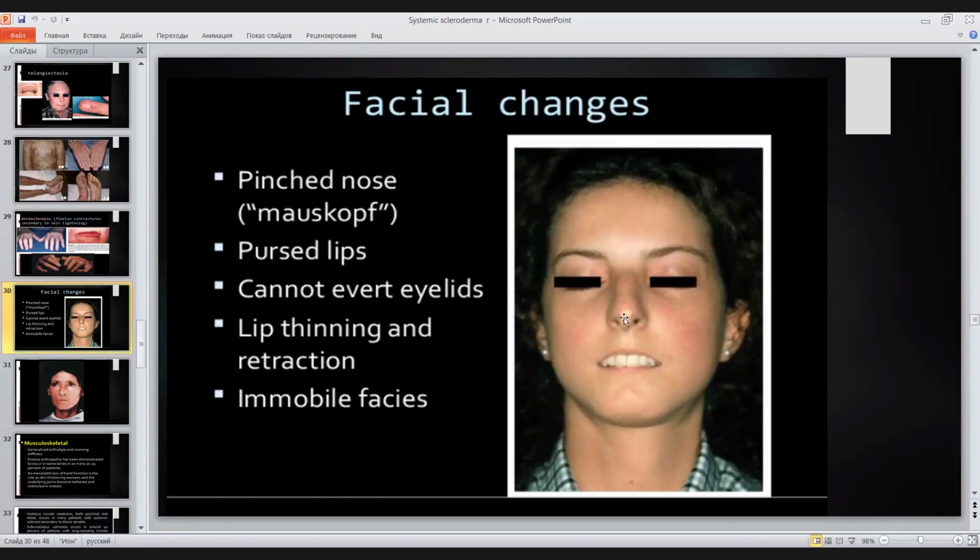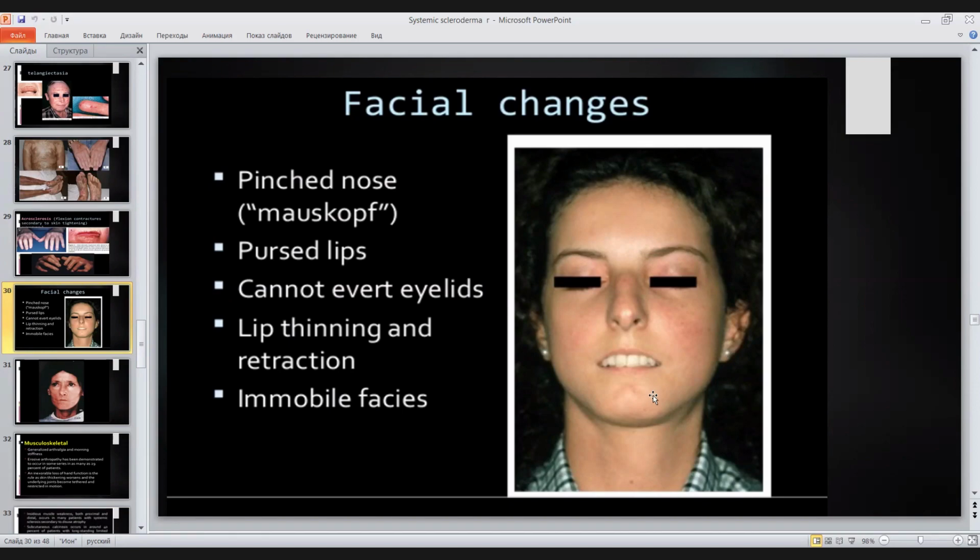Pinched nose will be here. And immobile face. Immobile, it will be amimic, a no-motion face. Why? Because a normal patient can cry, smile, be angry. It's a specific test when you check the patient.